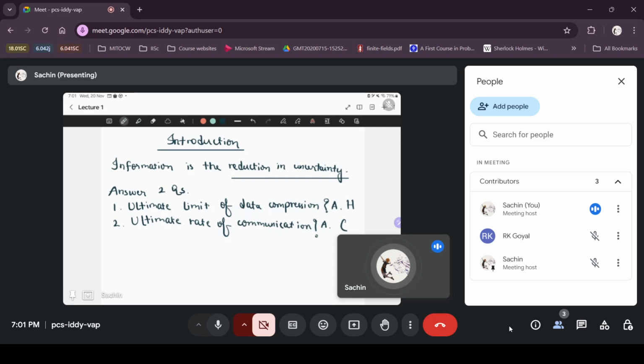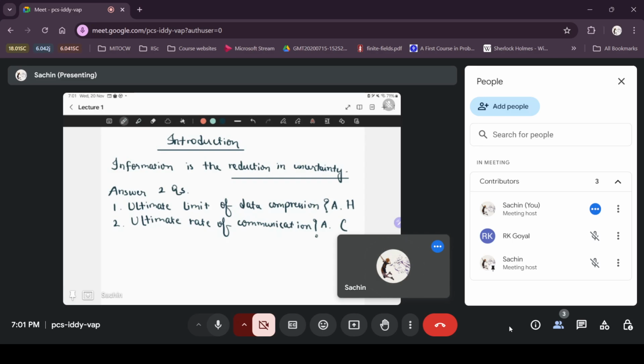But for our treatment of information theory, whenever I mention something, mostly I will give a precise definition of what we are talking about.